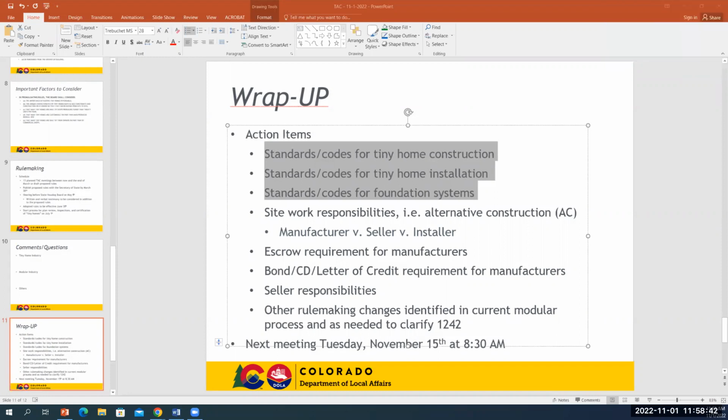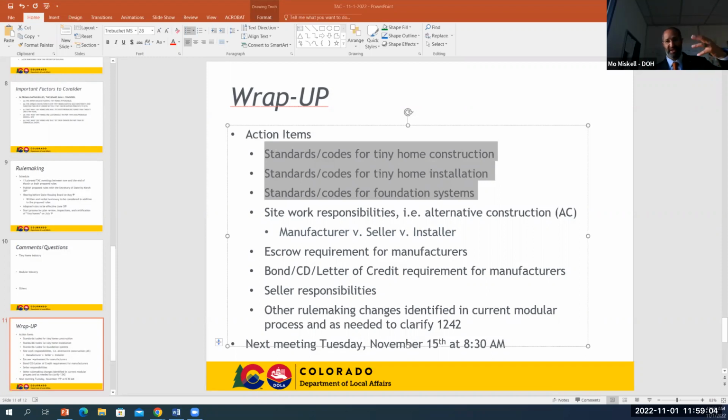Okay, thanks. And to me, you could probably combine installation and foundation system, but maybe you want to keep it separate. But yeah, we probably could combine them. I just teased it out because it's not just talking about foundation systems. It's actually talking about how to install what has been constructed to it, right?